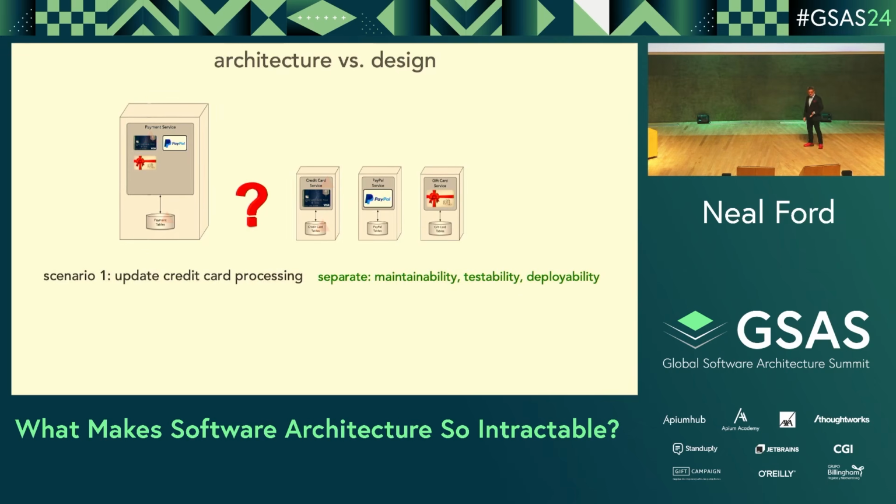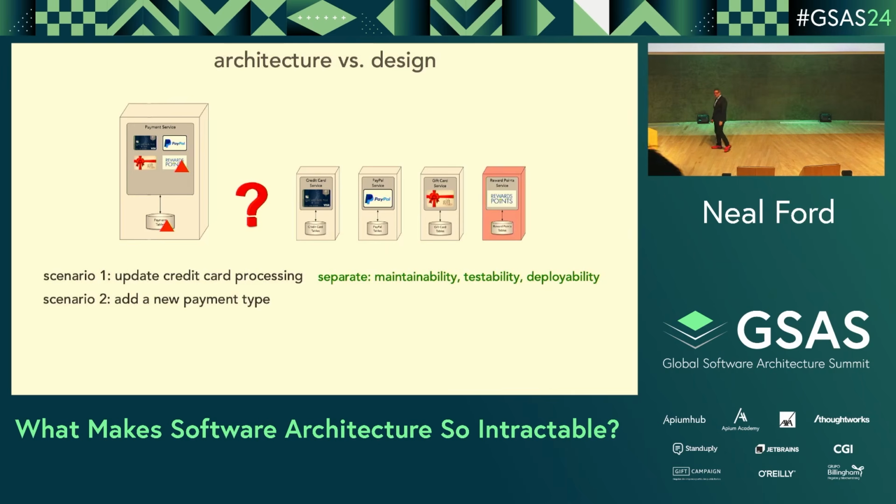Okay, well, let's look at the second possible scenario. Add a new payment type. This is the one I was thinking about. For the single service, let's say we're going to add reward points as a payment type. So for the single service, I come in and add reward points, which means I've made a change, which means I need to test and check the data and the code and make sure everything's working, etc. Versus, hey, microservices are awesome.